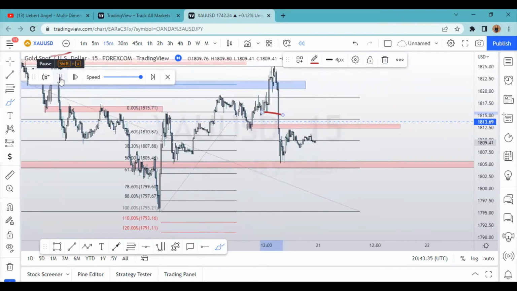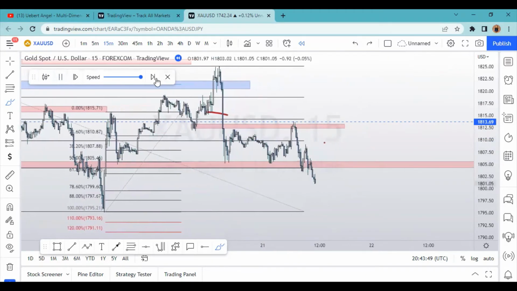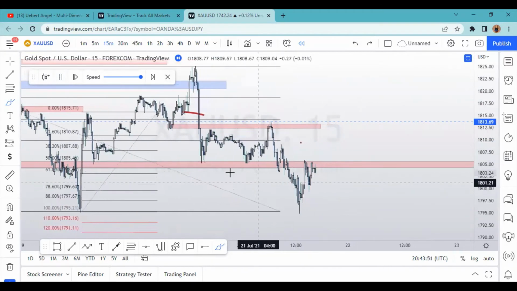It's going to be that fast. All right, so we have created an M formation here. So our liquidity is around here, so we are definitely coming higher again. And yeah, that's what it did, came down.